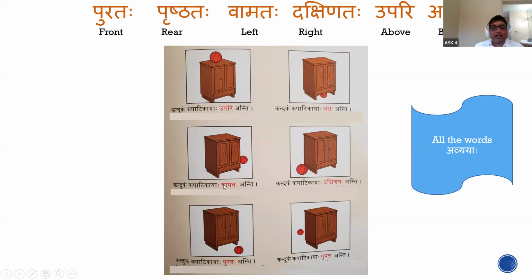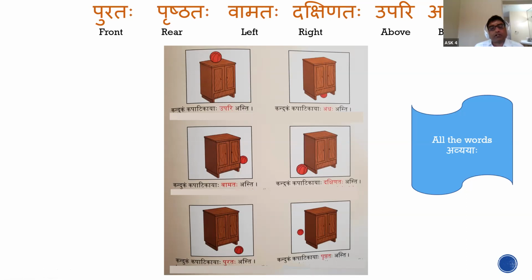Concept you just understand. Vamataha means left. If you want to remember this, in Indian culture, the wife sits to the left of the husband in a photo session or kalyanam or vivaham. All these times, there is some significance, or that is how it is. So if you remember that, this cannot go wrong.